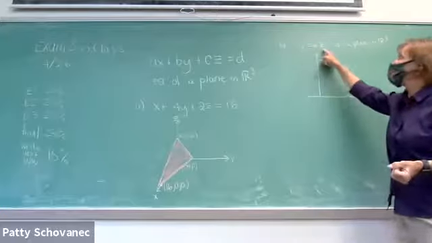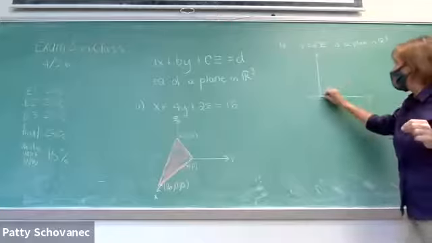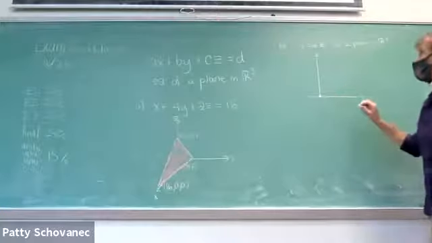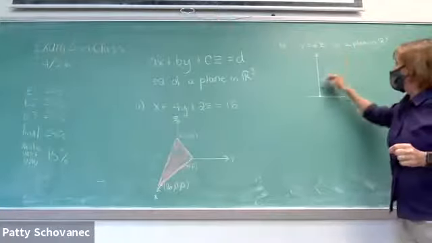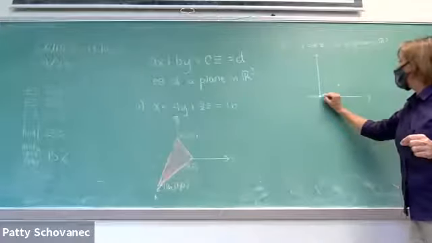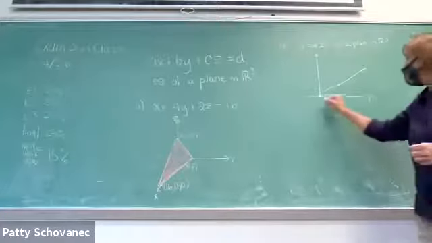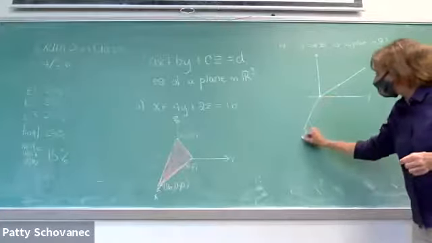If y is 2z, and I just draw this in two dimensions, then when y and z are 0, I get 0. When z is 1, y is equal to 2. So here's that line in the YZ plane. Now let's make the x-axis come out here.